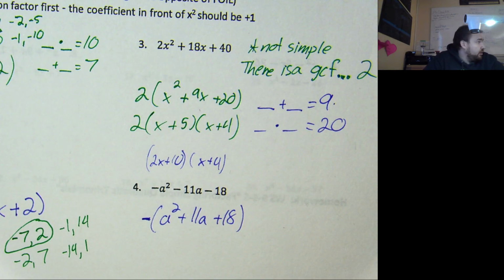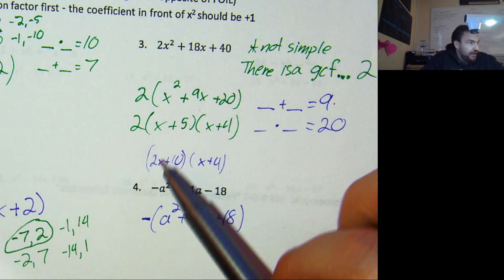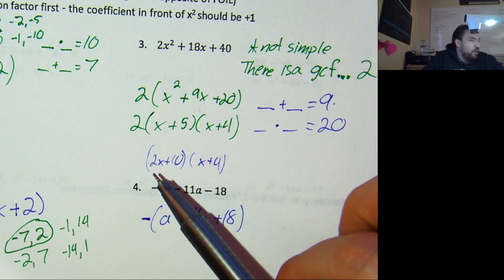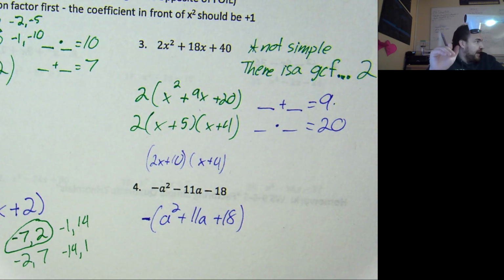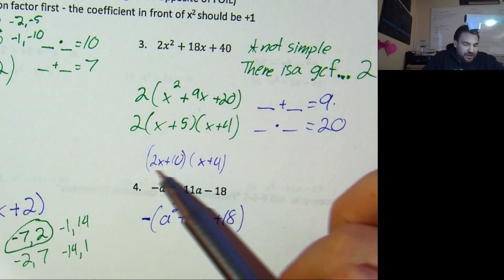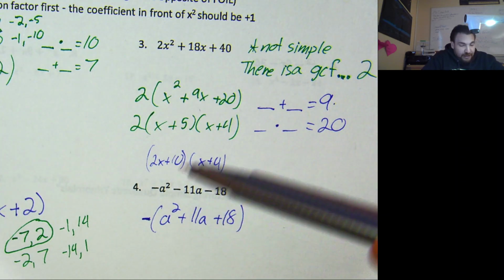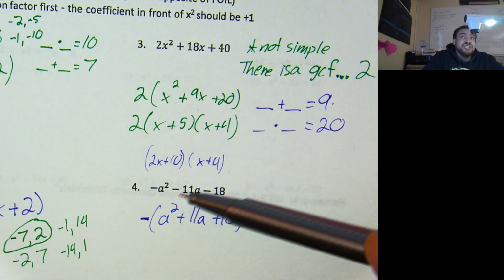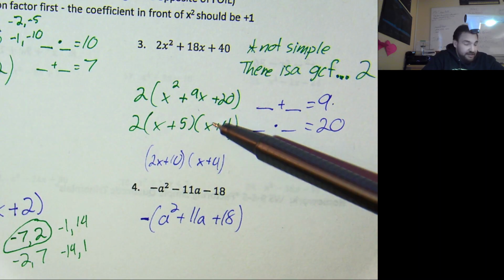It's not wrong, but it's not fully factored because you can still pull. It's like with a prime factorization. You want to reduce it down as far as you can into all of the fundamental bits that make it. Because I can still pull, it's not wrong. It does multiply back to give me this, but this is not factored fully. This is. Okay.